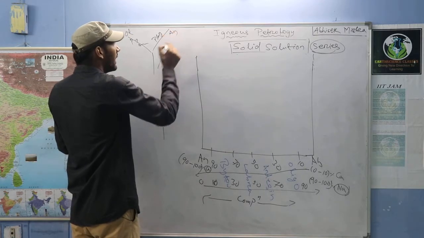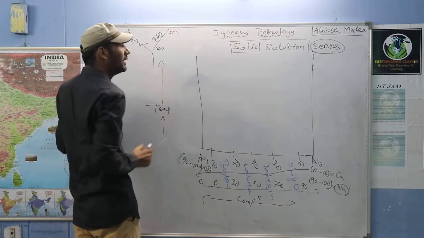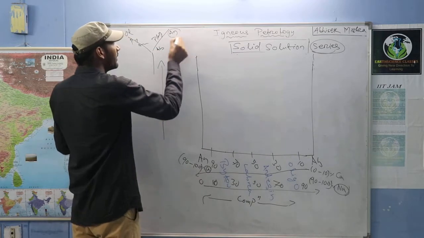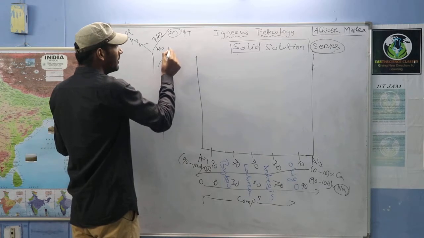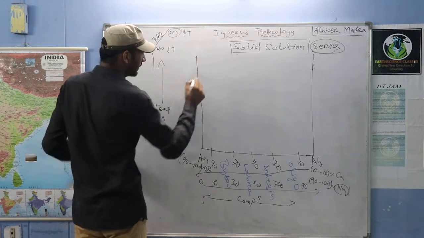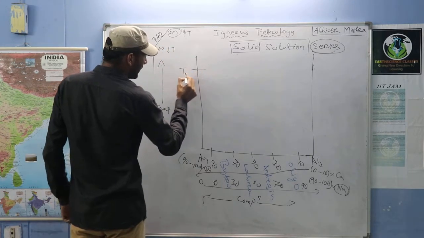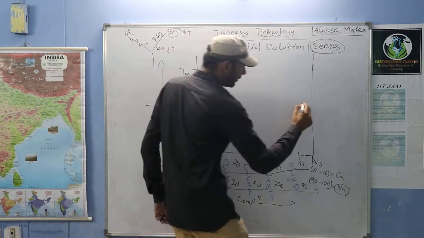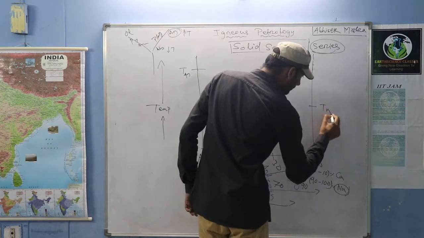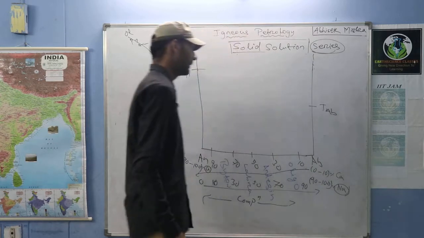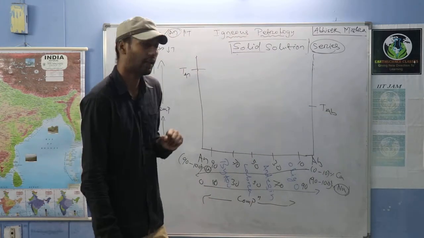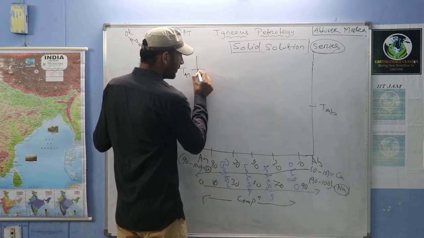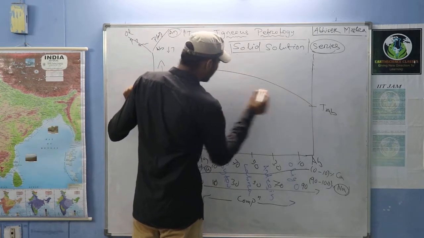It will be anorthite. The lower end will be albite. That means anorthite will have a higher temperature of crystallization, albite will have a lower temperature of crystallization. Let's say this is T anorthite, and here it will be T albite, right? Albite has a lower temperature of crystallization than anorthite. Okay, so the diagram will be like this.